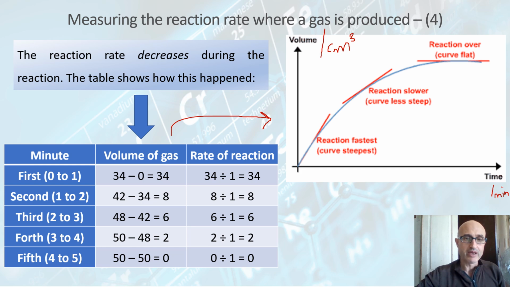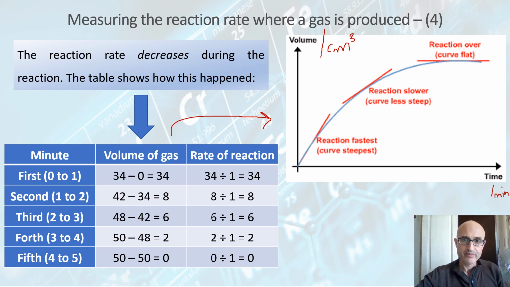Now, if you had to plot the volume of gas on the y-axis, as has been done, against time in minutes, you will get this sort of line. It is a curved line. It is not a straight line up, and we already explained why.